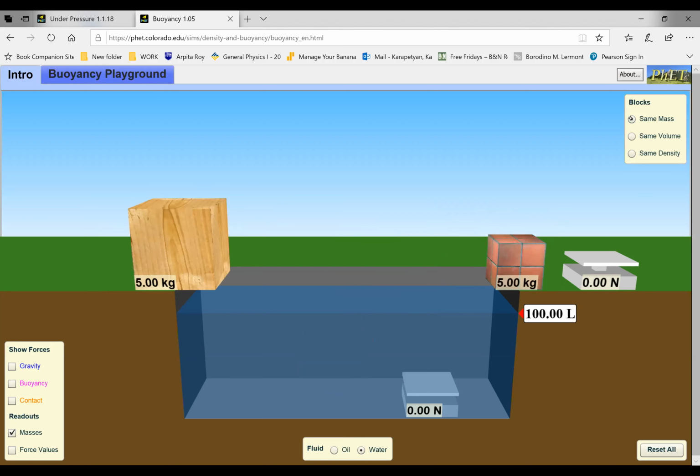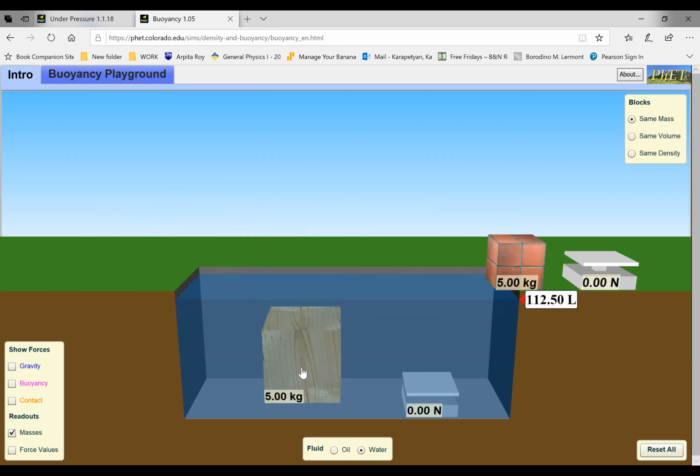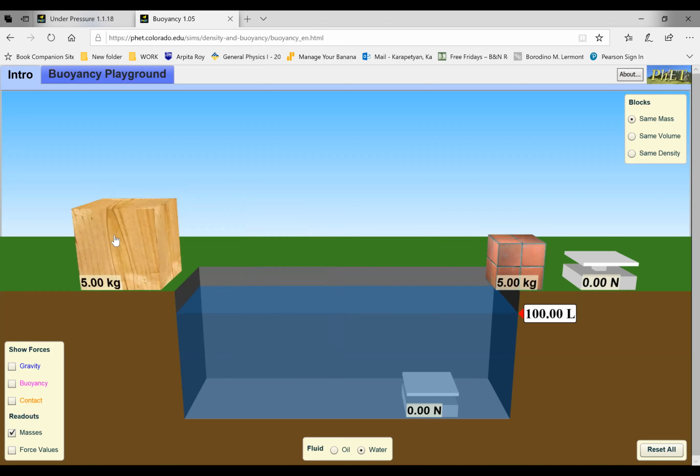For the same mass, the wooden block has to be much bigger. If I take the wooden block and fully immerse it, now it's 112.5. Take it back. That means 12.5 liters was displaced.